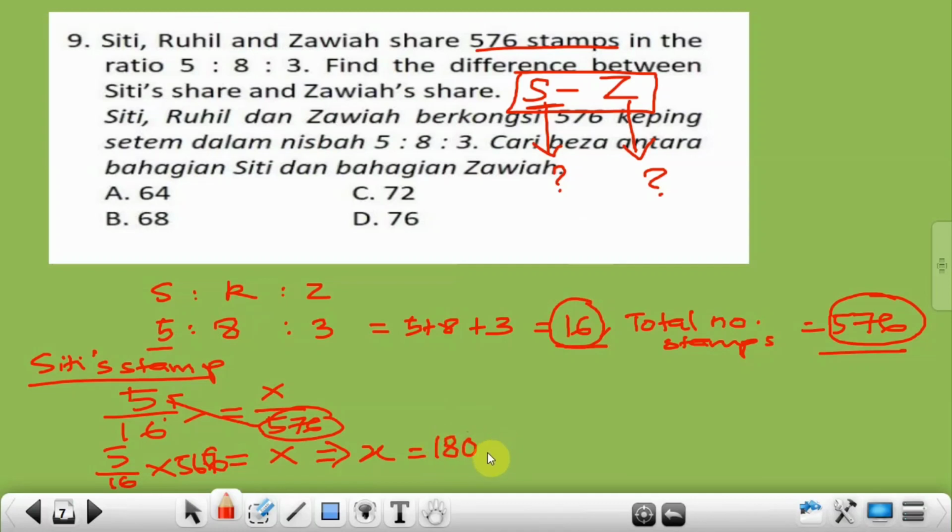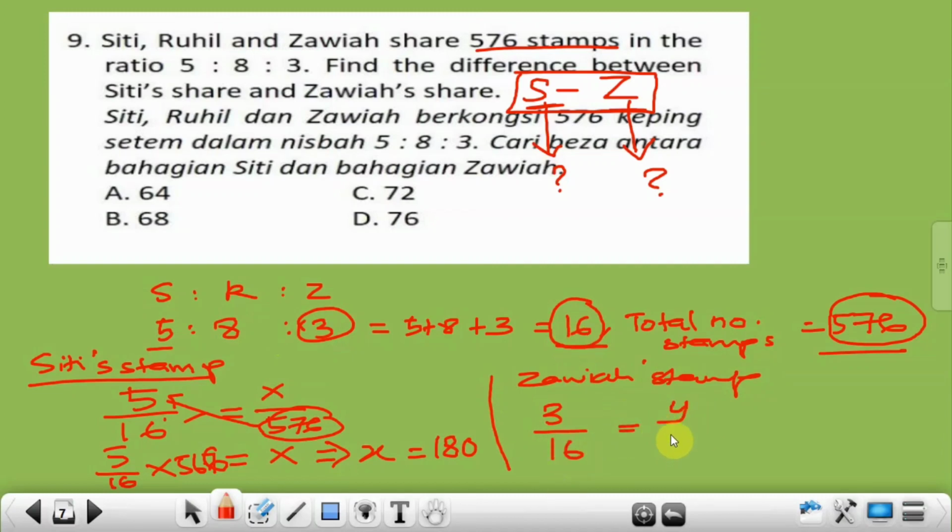This is Siti's stamps. Okay, so now let's go to Zawiya. We want to find Zawiya's stamps. Okay, Zawiya's ratio is 3 to 16, the total number.